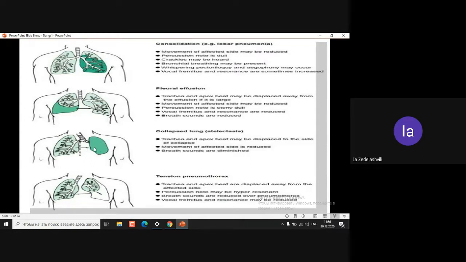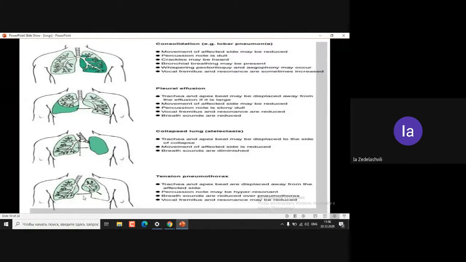But in this case there is a difference of pressure between the right and left side. The trachea changes position. Okay, as well in collapsed lung or pneumothorax.